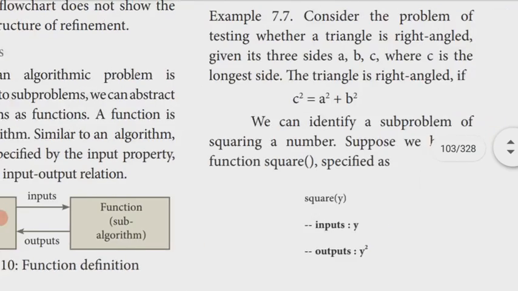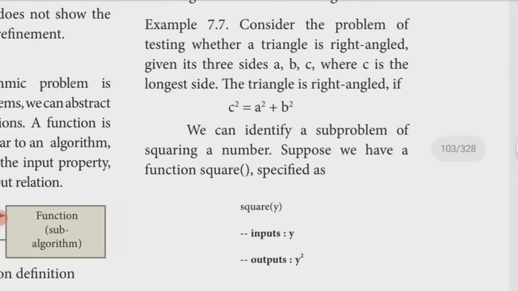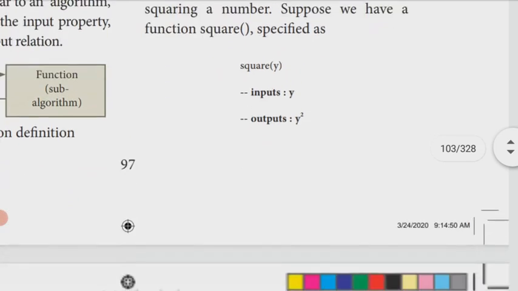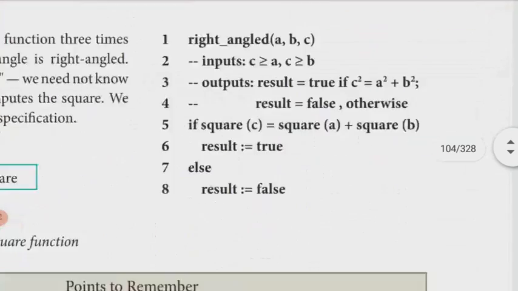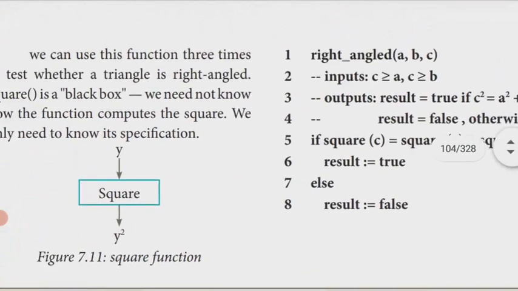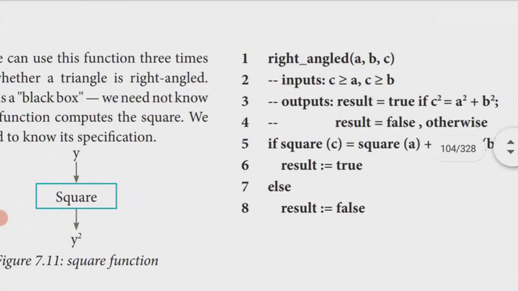For example, we can consider the triangle problem, that is c square equals a square plus b square. To find out which is the longest side, we use this. Here we can use a right angled triangle ABC.